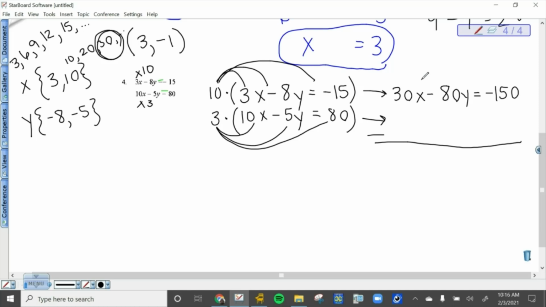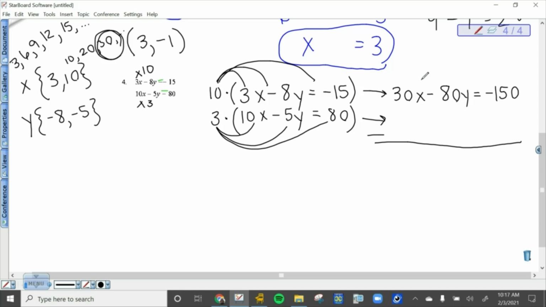So there's 30x. 3 times 10x is 30x. What's 3 times negative 5y? Yeah, minus 15y.